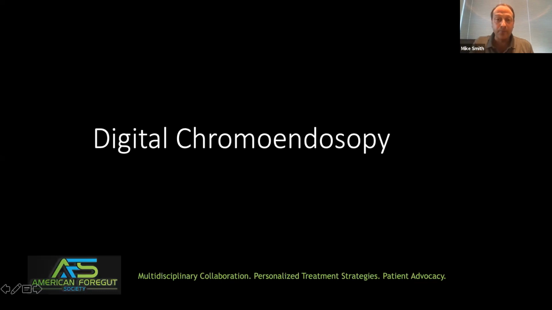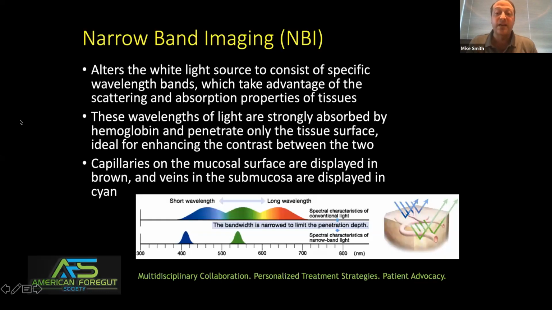So first off, let's start with the one that I think the majority of us probably have access to, and that's narrowband imaging. It's really altering the white light source to consist of specific wavelength bands, in particular two of them, one in the blue and one in the green spectrum, as you can see at the bottom of the slide. That takes advantage of the scattering and absorption properties of the tissue that you're looking at.